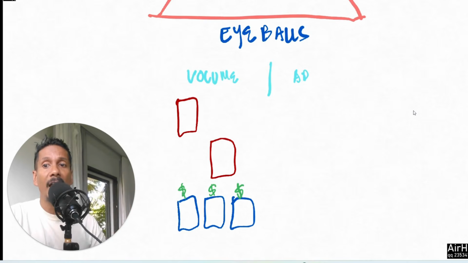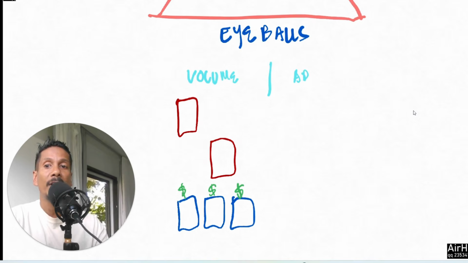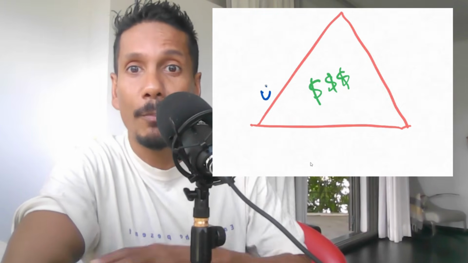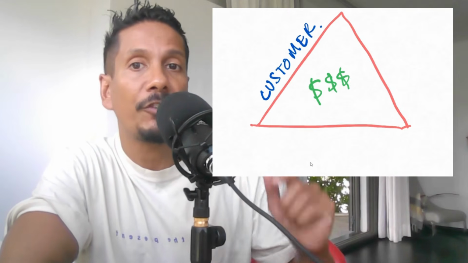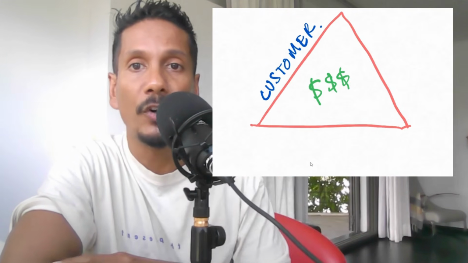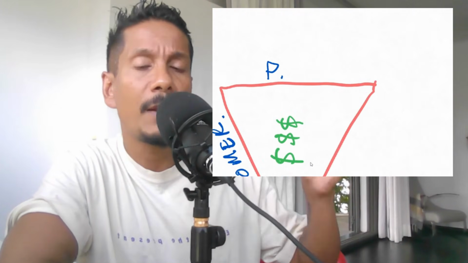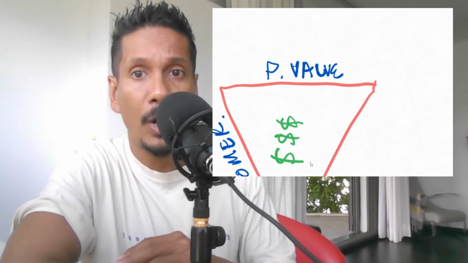So those are the two things, volume and ads. I'd recommend doing them both to get eyeballs on your books, giving you the best chance of making sales fast. Okay, let's do a quick summary, a logical summary of why this works so well. We've picked a really good customer that's spending a high amount of money on books and is actively buying books, so we know this customer's got money for us. Then we're creating books with perceived value, so our books are very attractive for that customer to buy.